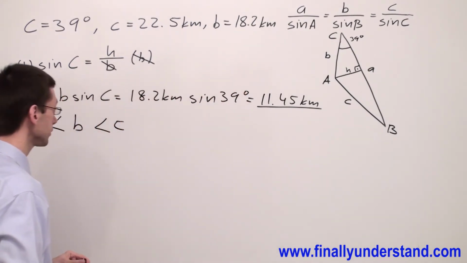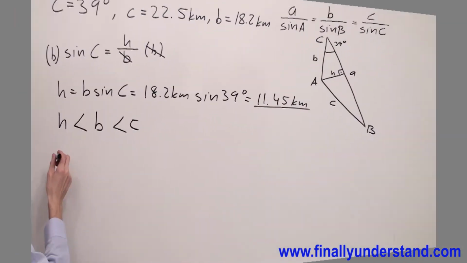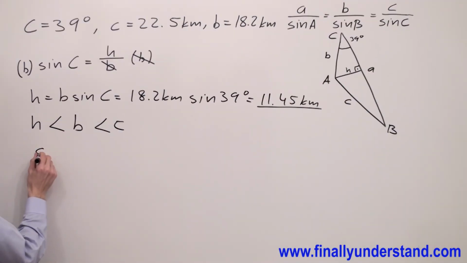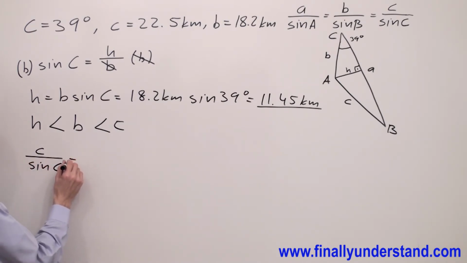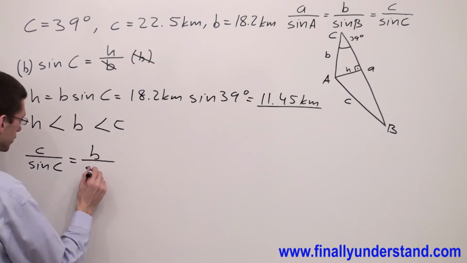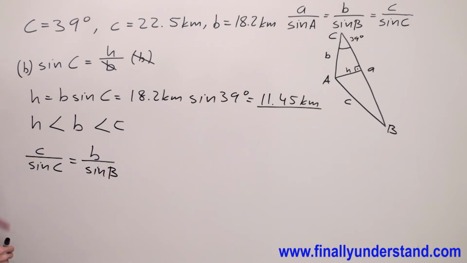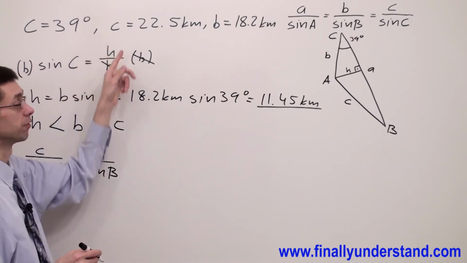So what we're supposed to do next? We're supposed to simply use the law of sines and calculate angle B. I have C over sine of angle C equals B over sine of angle B. Please notice that I always start from the given data.